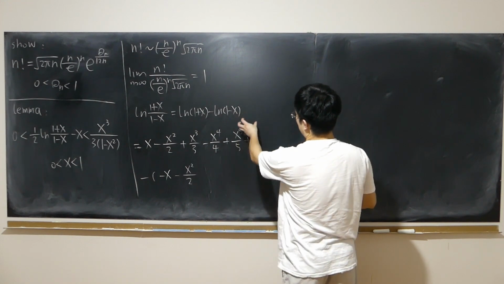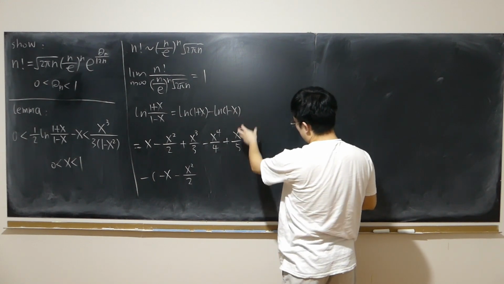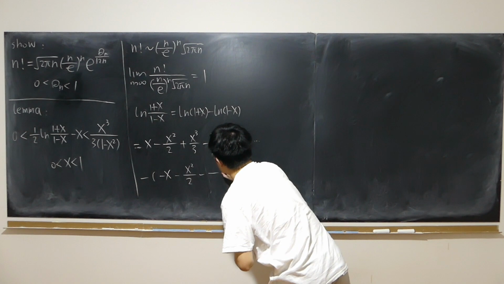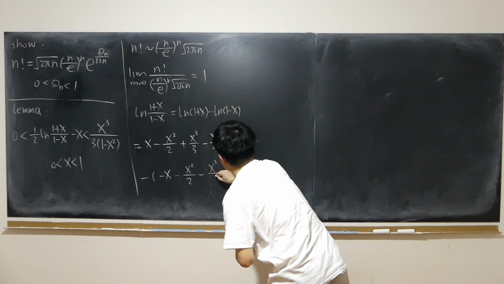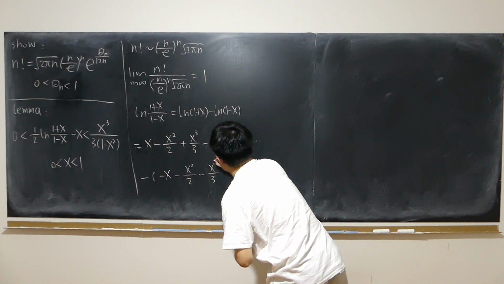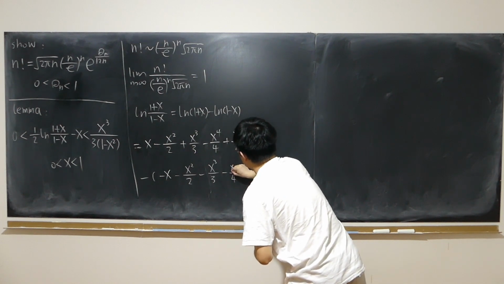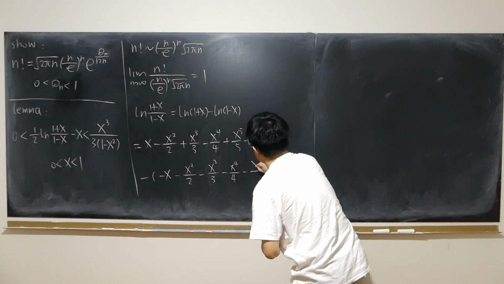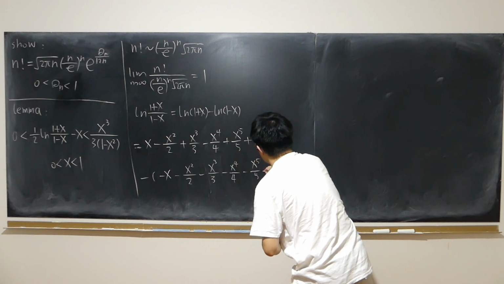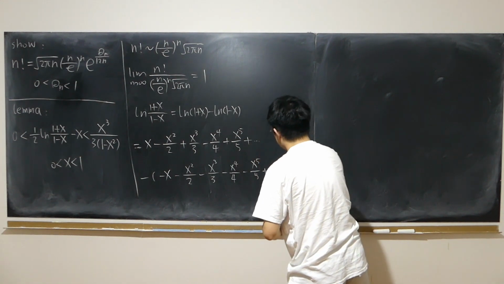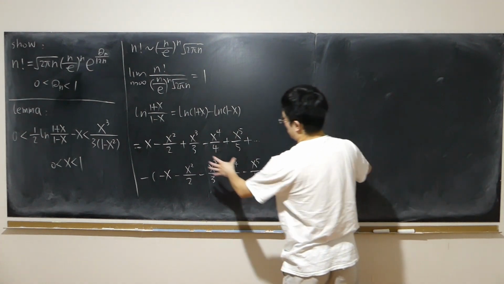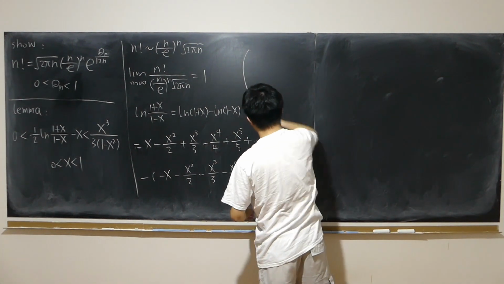Plus negative x to the power of cube, but still negative, negative x cubed over 3. Right, so then every term is negative. x to the power 4 minus x to the power 5 over 5, to infinity. Right? We're going to use this part minus that part.